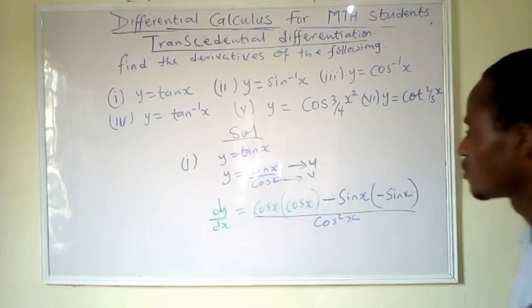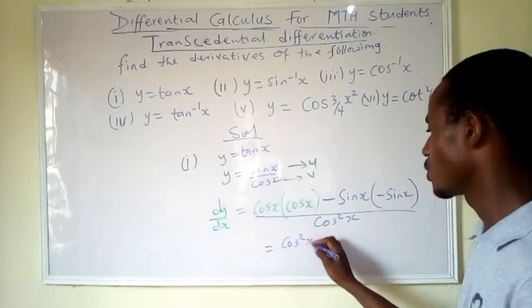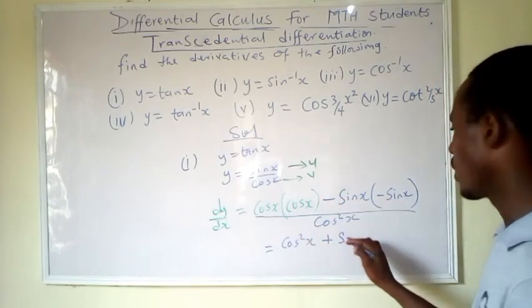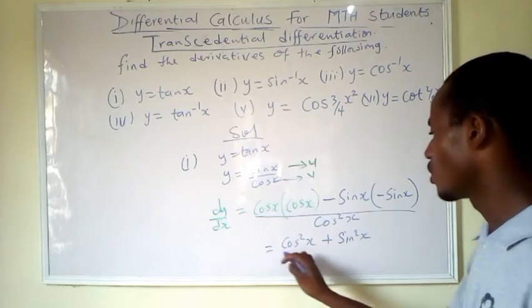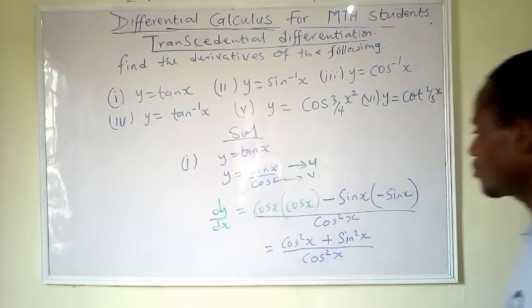Which is cos squared x. This would give cos squared x plus, since this product gives a positive, sine squared x, all over cos squared x.